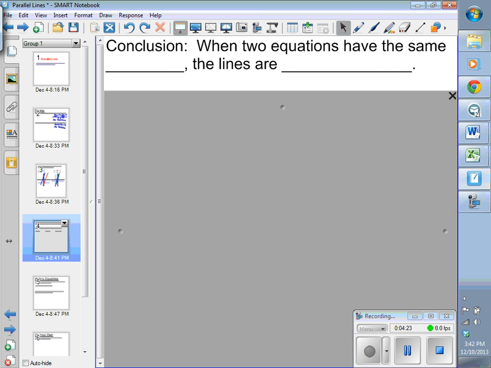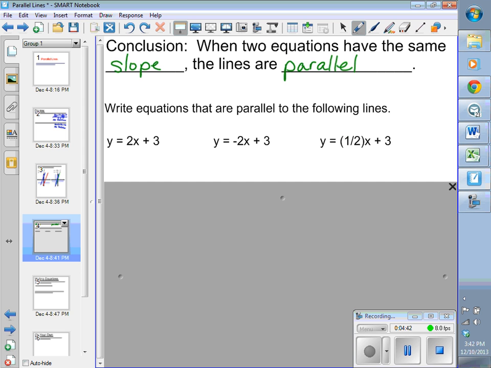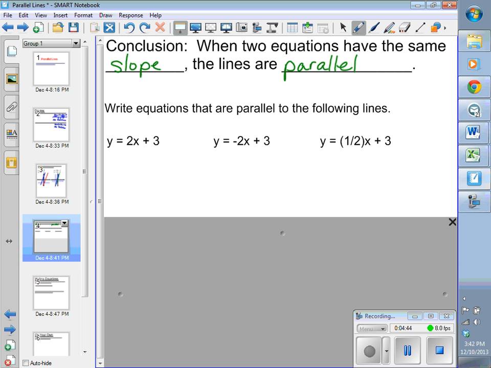All right, so when 2 equations have the same, can you fill in there? Hopefully you're seeing that if they have the same slope, the lines are parallel. All right, so write equations that are parallel to the following lines. Really, your equations can be anything. All you have to do is have the same slope, and you can have any y-intercept that you choose.